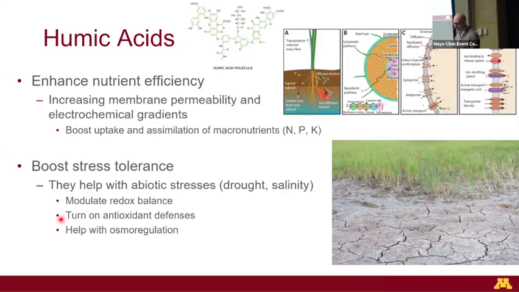It also helps with stress tolerance, especially because it can help with redox balance. There is a lot of redox and oxidative stress inside of the plant, and when you have a good balance in there, that keeps the plant in check. It doesn't allow for a lot of oxidative stress to happen, so the plant doesn't start having stresses. So by having some of those products applied, it can help the plant overcome certain stressful conditions.